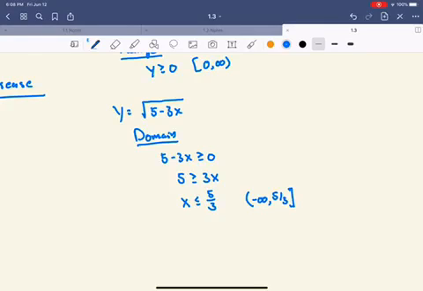Okay, it's a little tricky, but you can see how it changed. So the key point is, don't try to do this in your head. Don't try to be like, oh, x has to be greater than or equal to 0. I've seen lots of students do that. Start with what's underneath the square root and say, you know what? That's what needs to be greater than or equal to 0. And when you do that, it will set you up and give you the proper values for x.